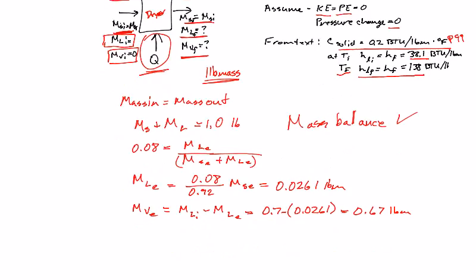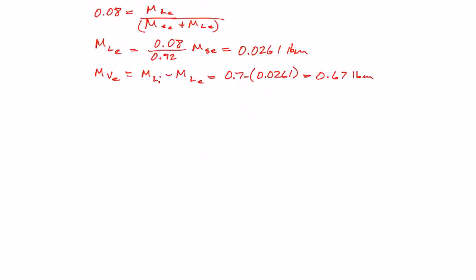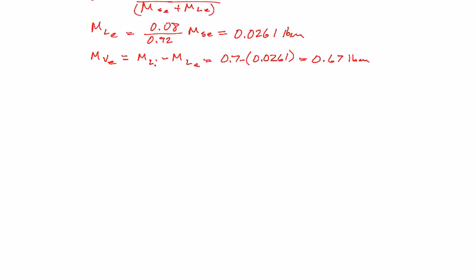To do the energy balance, what we need to do is go to conservation of energy. This is where our equation gets kind of long, and I'm going to help you set this up, but I'm not going to solve it for you.